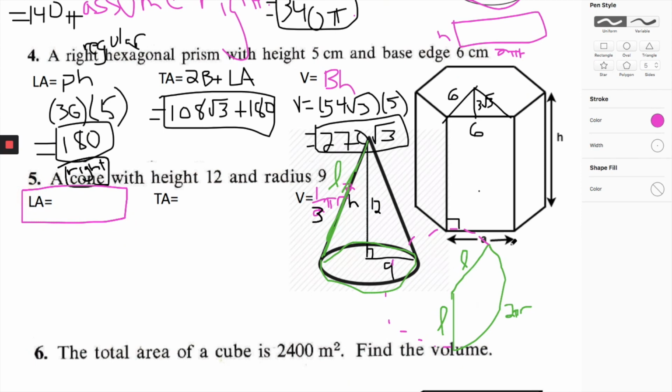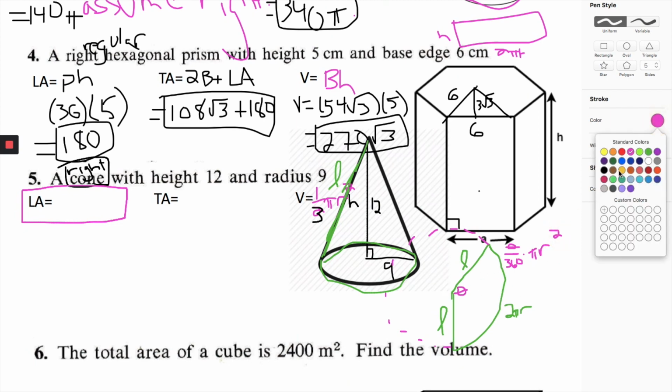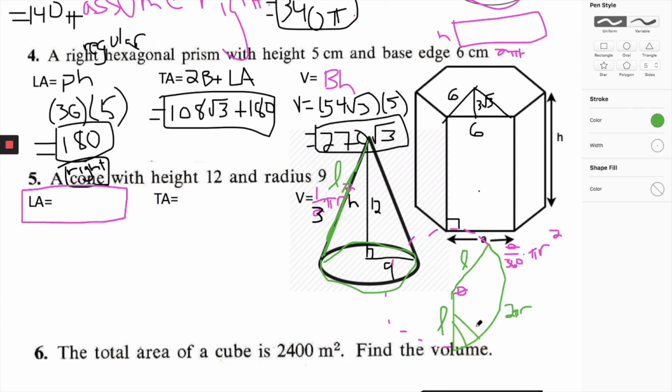By using the area of a sector formula, which is theta over 360, which is really just talking about what percentage of the 360 degrees would be taken up by this, times pi r squared, we get to the area of the sector, and therefore the lateral surface of this greater circle. So remember how to do this. Let's briefly remind you how we did this one.